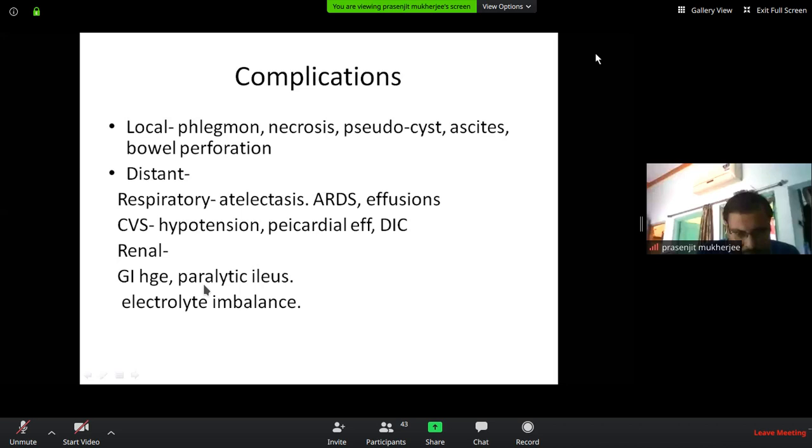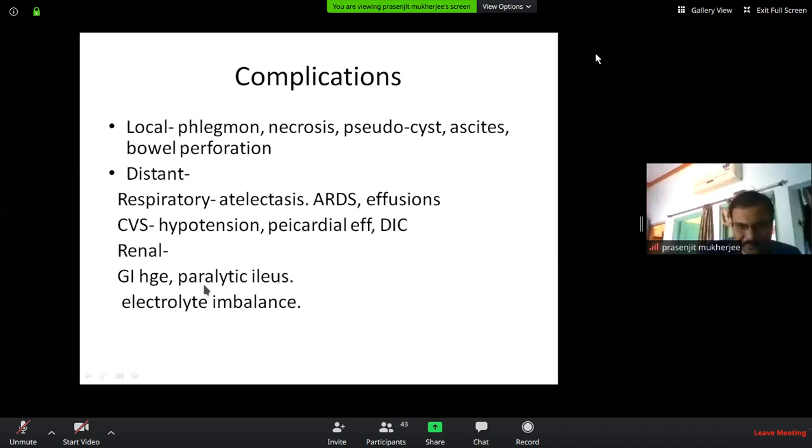Now coming to the CVS, there is hypotension, as there is fluid sequestration. A lot of fluid can be sequestered in the peritoneum, so hypotension is quite common. Pericardial effusion is extremely rare. And DIC: in the terminal stages of uncontrolled pancreatitis, there is a chance of DIC, disseminated intravascular coagulation, which is a feared thing.